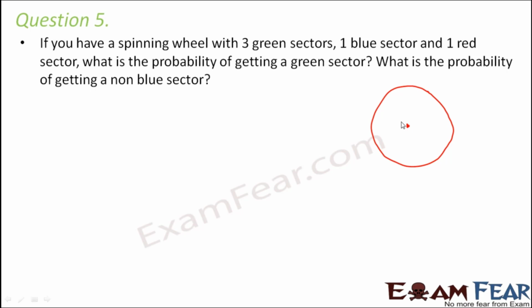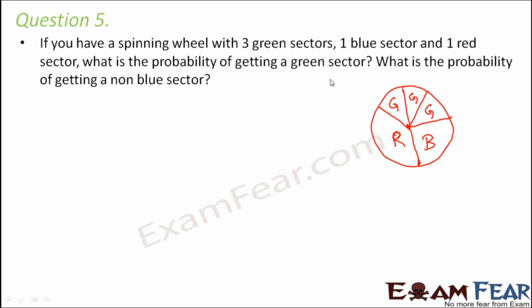So let us say this is our spinning wheel, and as per the question, we have 3 green sectors: 1, 2, 3. We have 1 blue sector and we have 1 red sector. So these are the different sectors that we have on the wheel.